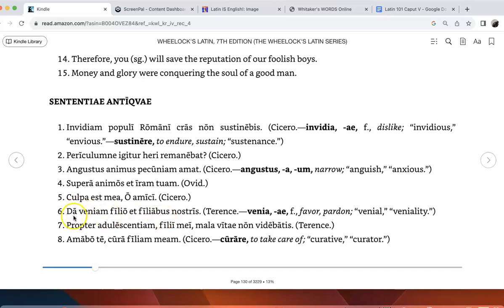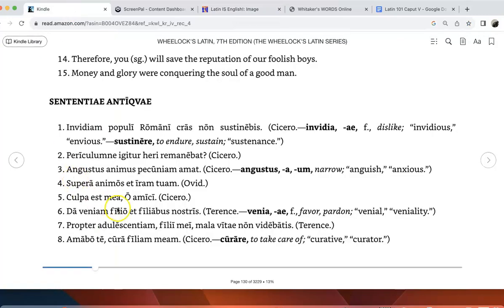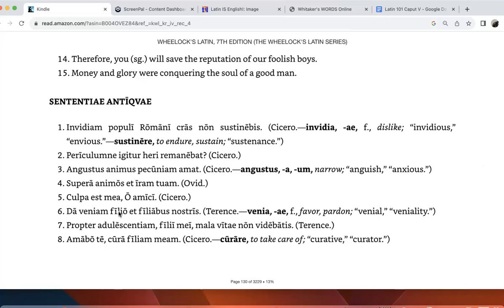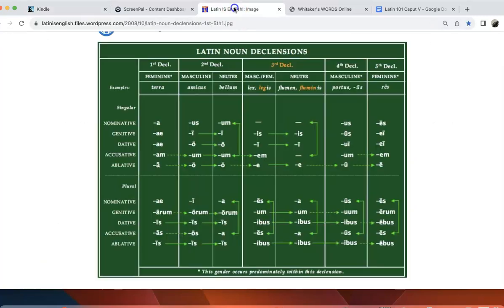So here we have give. And then veniam, you can see we've had this a couple times already. It's the first declension accusative singular, am. And then we mentioned before that the dative means to or for whom something is done. So here we have filio, ending in o because second declension dative singular is o.